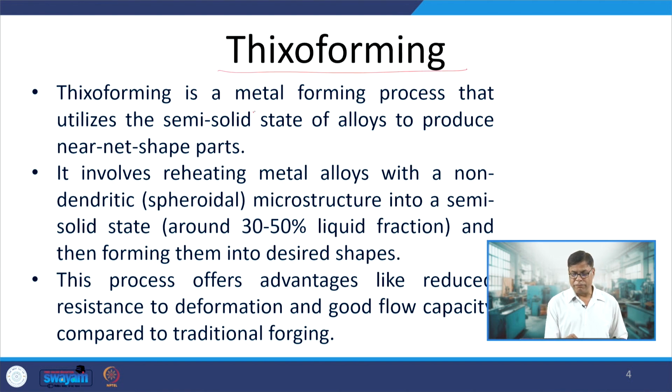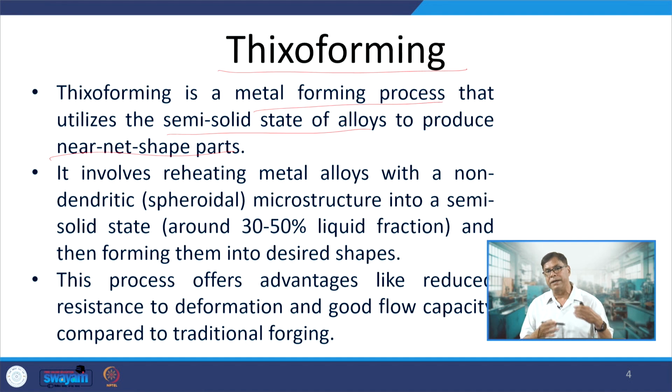Thixoforming is a metal forming process that utilizes the alloy in the semi-solid state to produce near net shape components. So, this will require lesser post processing in the form of machining or other processes which are needed for realizing the desired size and shape.